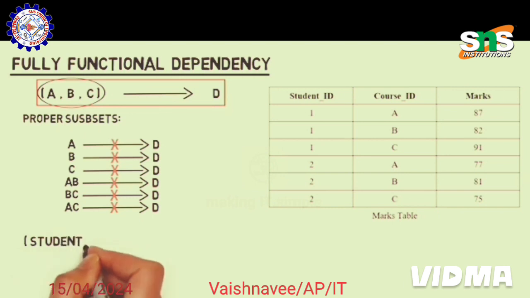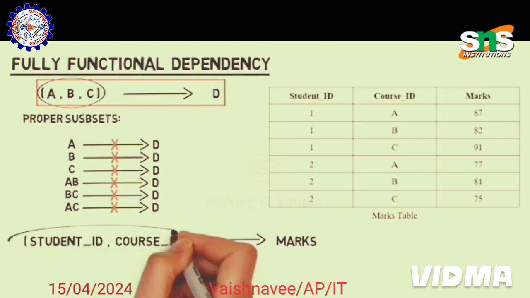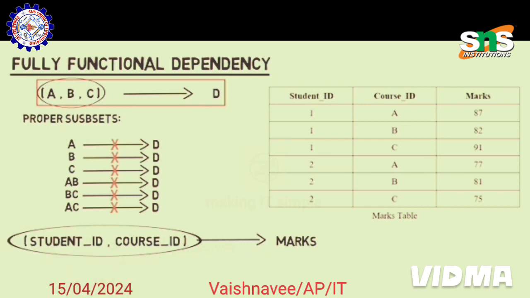Consider the marks table. By observing the table we can write that student ID and course ID together determine marks. Now let us check if this is a fully functional dependency. We stated that the dependent should not be determined by any proper subset. So our determinant is student ID and course ID.